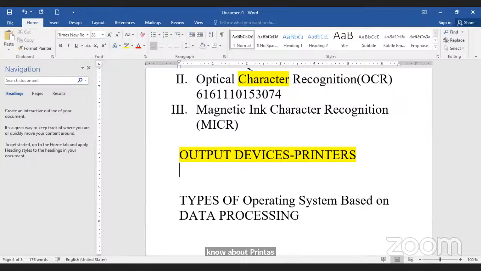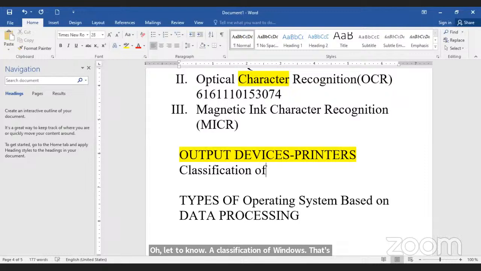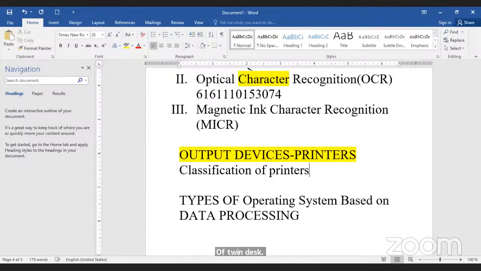I would like to know a classification of printers. Just the main thing I'm going to take you through.